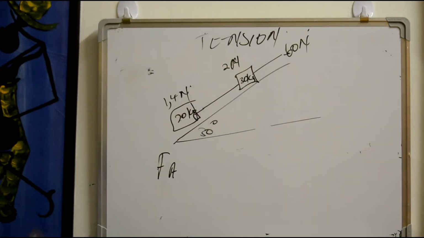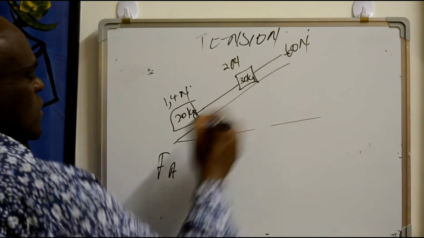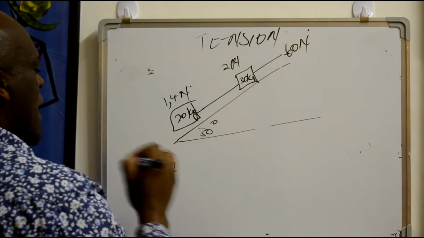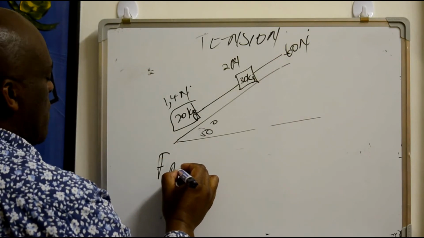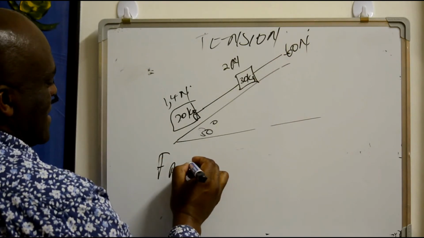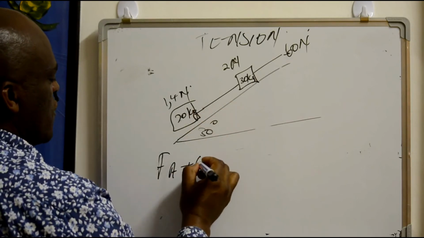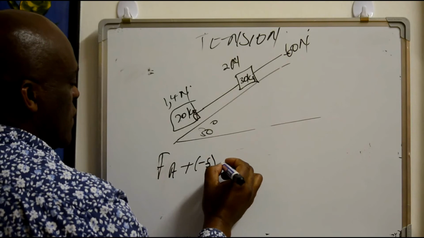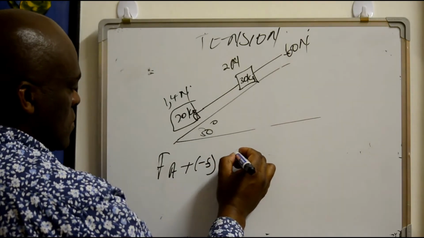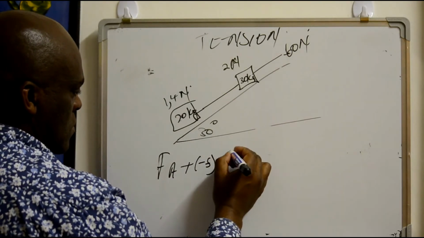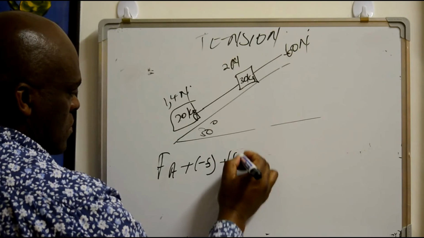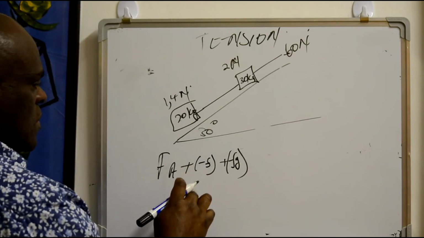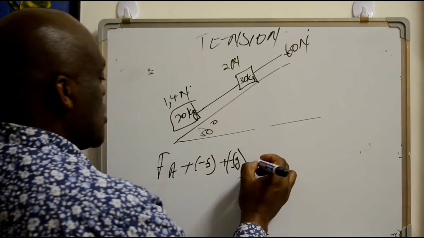Then how do we make the equation for this? We have the force applied, minus the friction force, minus the force of gravity, minus the tension.